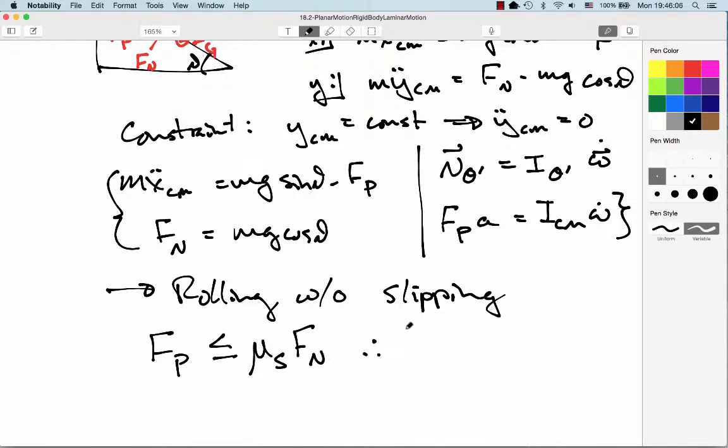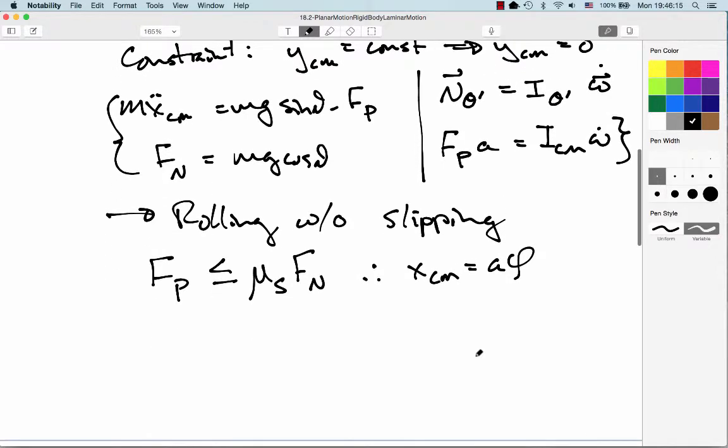So in that case, we can observe that X_CM would be equal to A times that angle phi I alluded to. So X_CM dot would be equal to A phi dot, and double dot would also get double dot, which we would observe as A omega dot.